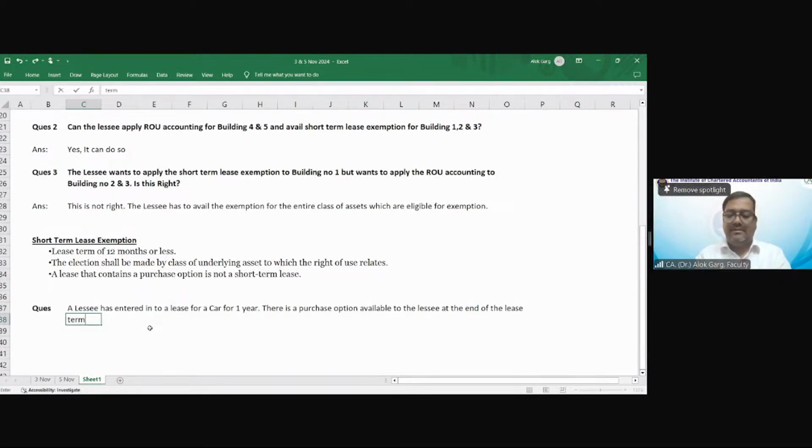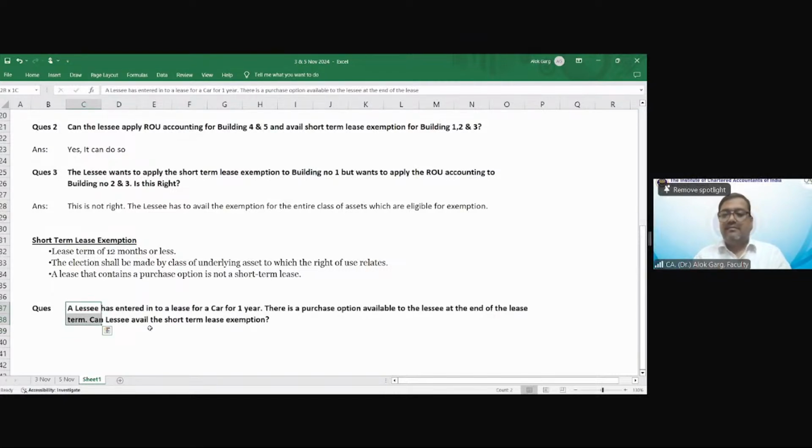Can the lessee avail the short-term lease exemption? What is your answer? No.